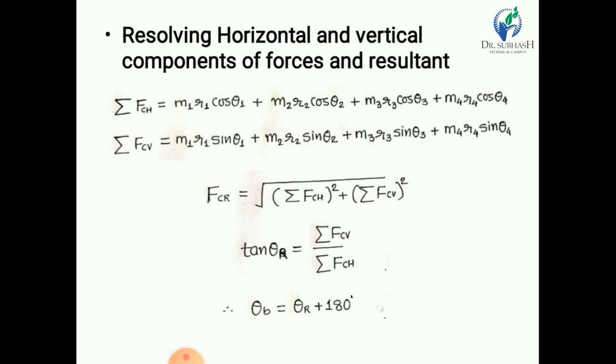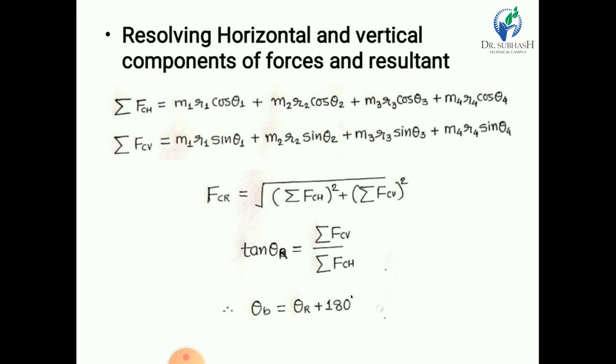So we directly add the balancing mass in the opposite direction to the resultant force. That means we apply a balancing force having the same magnitude as FCR and in the opposite direction to theta r.